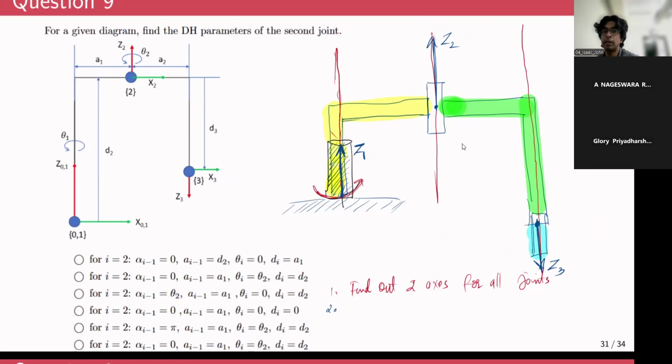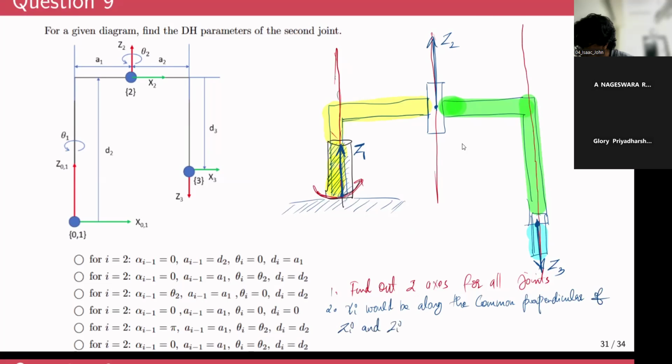The procedure to find out the x-axis: xi would be along the common perpendicular of zi and zi plus 1. Right?